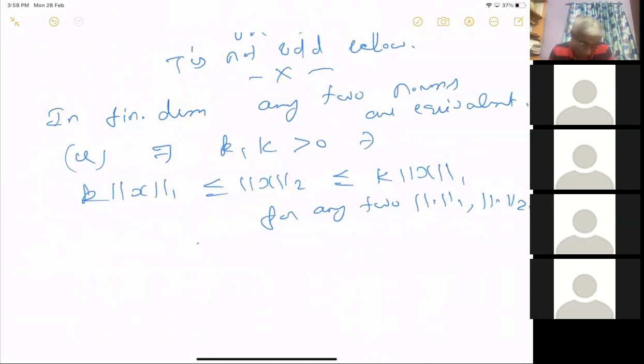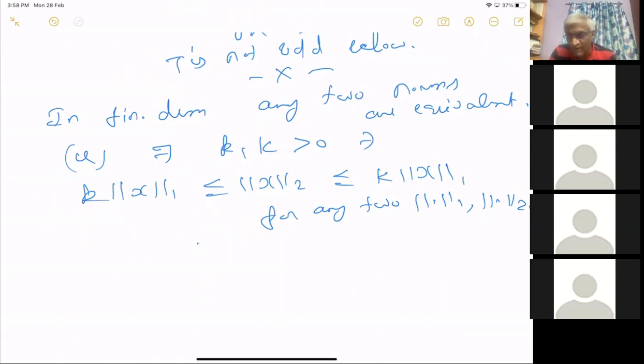But using the open mapping theorem, we can prove something for two norms on a Banach space. Infinite dimensional things can be complicated. You may have two norms, where with respect to one norm it may be a Banach space, and with respect to the other norm it may not be. Suppose some vector space is a Banach space with respect to two different norms.